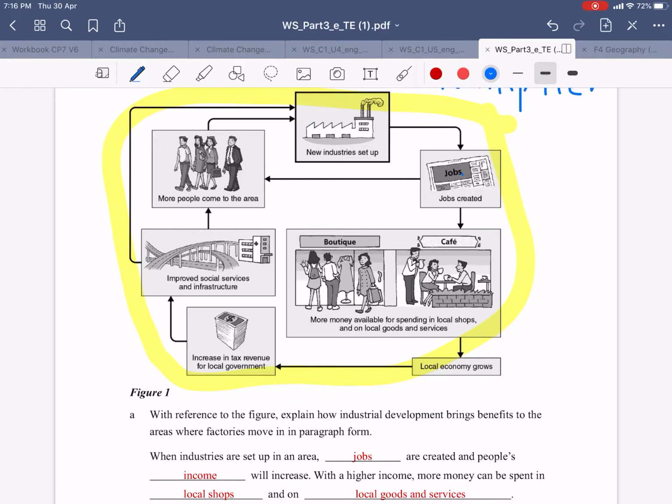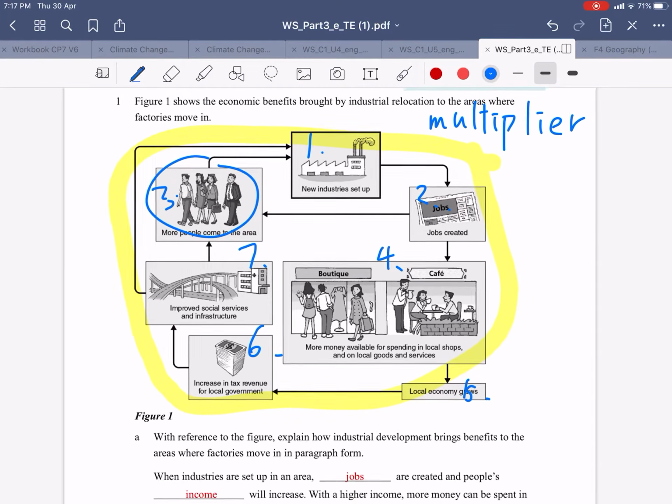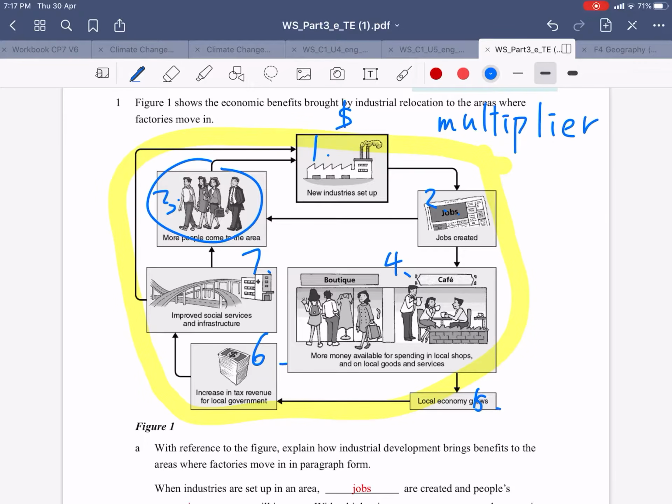As there are new plants right here, we have to acquire a lot of people, first one, second one, and then a lot of jobs, and a lot of people coming in, and a lot of related businesses will set up, and then the local economy booms, and the tax revenue for the government is increased, and in turn the government will provide more infrastructure. So originally I just paid maybe 1 million for that, but the whole economy may work for 10 billion already.